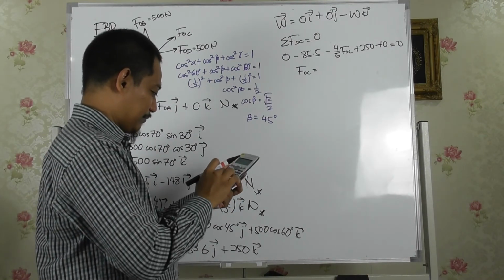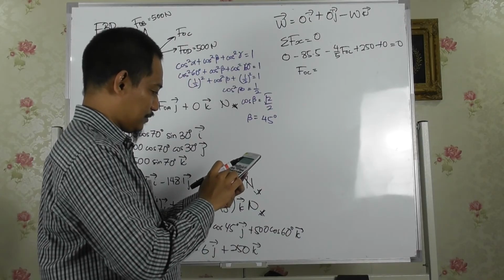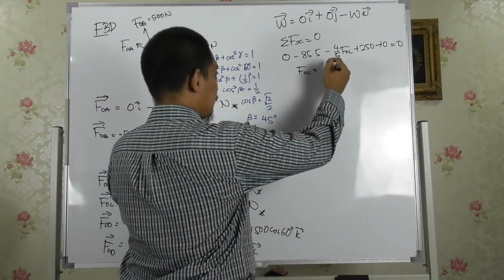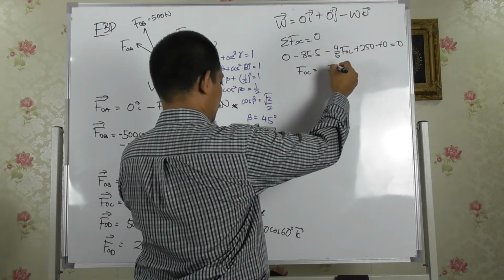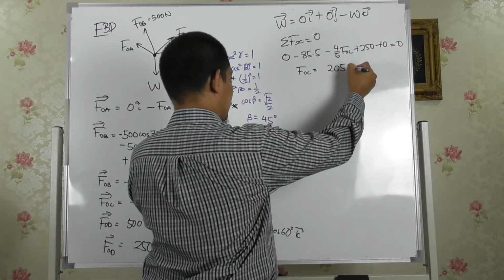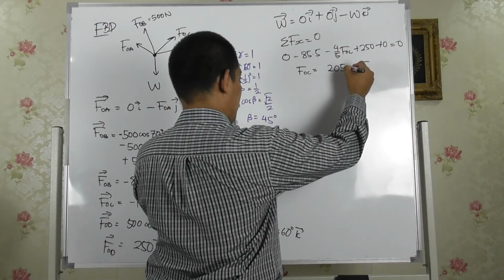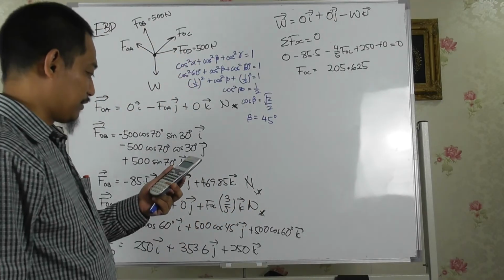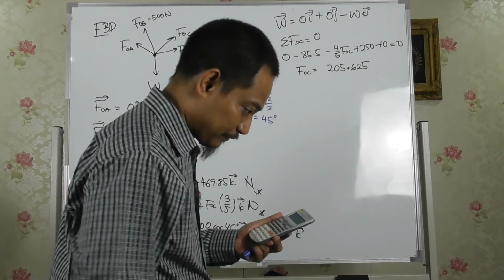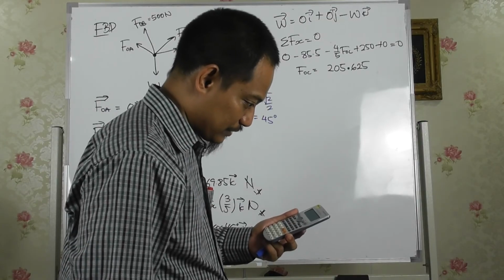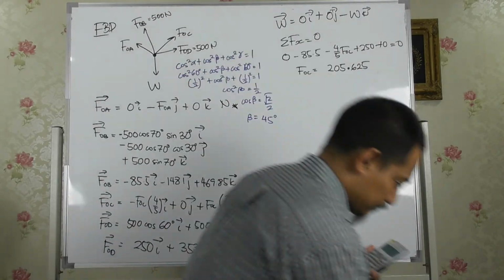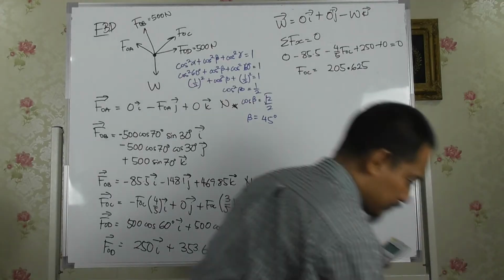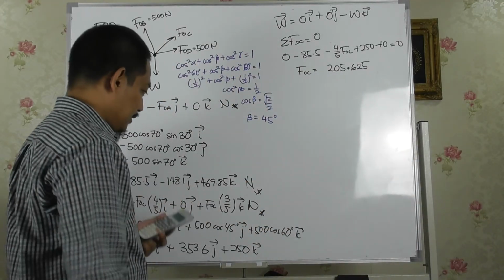So multiply by 5 over 4, you get 205.625. That is FOC.